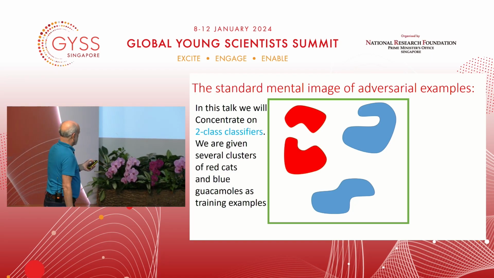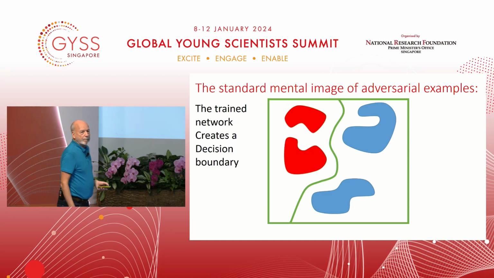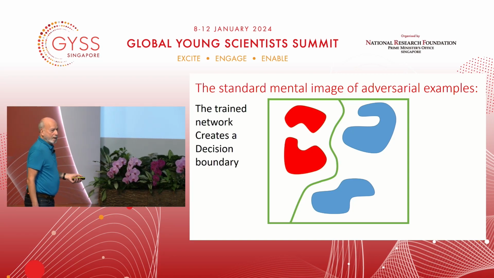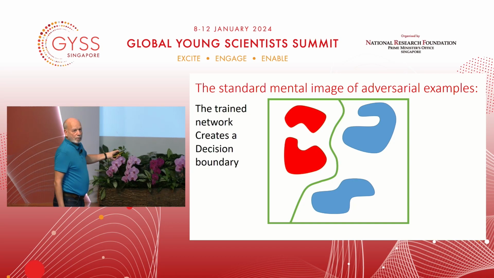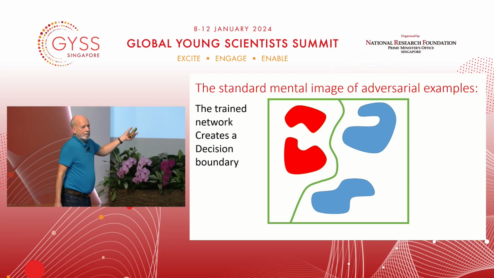So the goal of the training is to learn some kind of decision boundary that divides the space into regions. Everything on one side of this decision boundary is going to be called by the network a cat. So the cats are going to be recognized correctly, but also those points which don't look like a cat are going to be recognized as cats if you happen to give it these training examples.